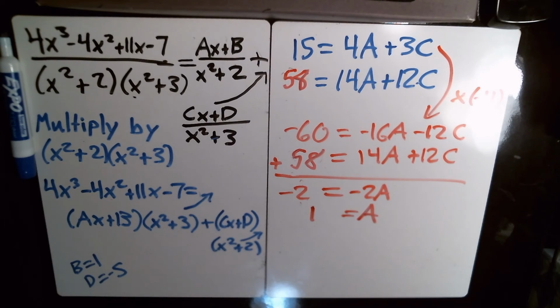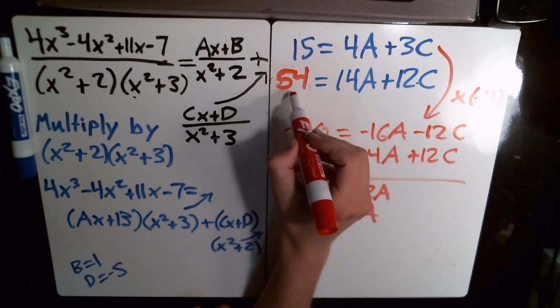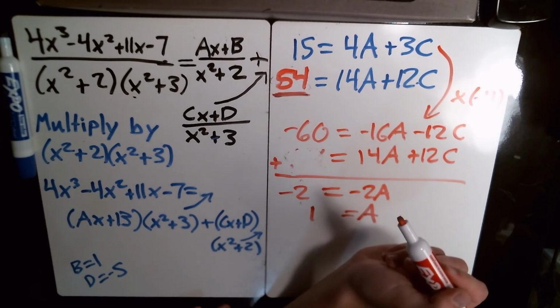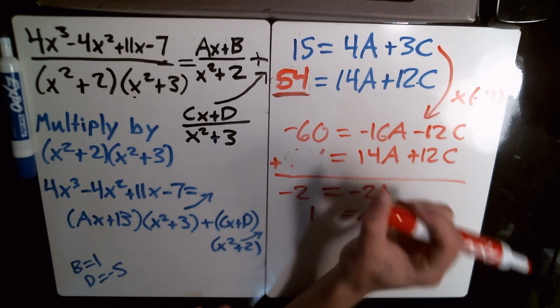Okay, and then C we can get just by solving, so we can plug in, wait, something is still off here. Oh my goodness. So, yeah, I made a mistake again. Anyway, this should have been 54. It was 61, right?